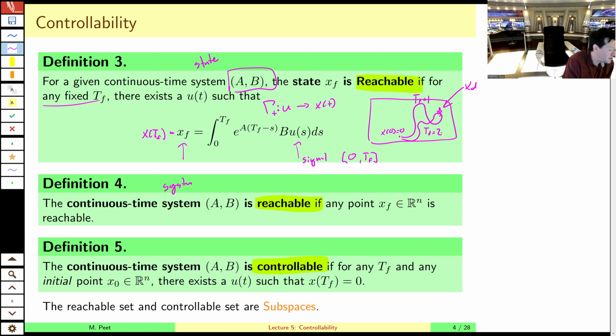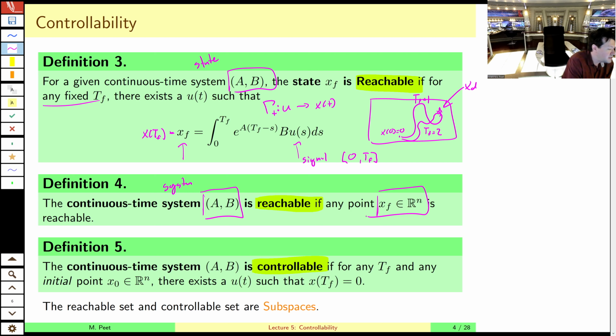A second notion of reachability is that of a system. So the system AB, parameterized by those two matrices, is reachable if you can get anywhere, basically, if any point is reachable. That's not hard to see. Given an xf, if that xf is reachable, and we can change that xf arbitrarily, then the entire system is reachable.